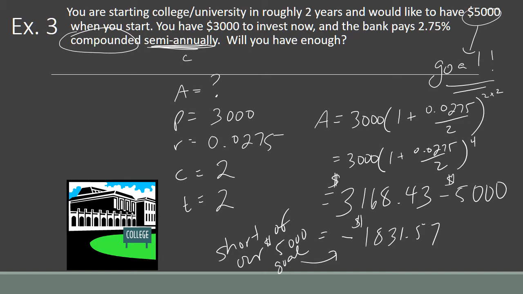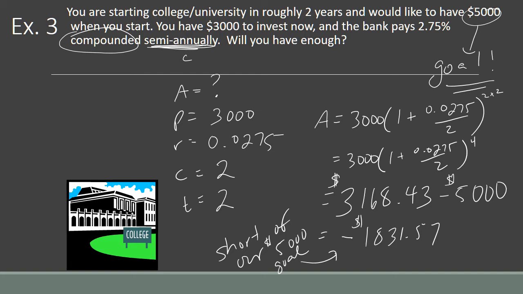What if you wanted to know though, like you had a goal of $5,000. We calculated that we came up short, but isn't it possible, like maybe a more effective calculation for us to think about, well, what do I need right now to get $5,000? Then I don't have to do trial and error.